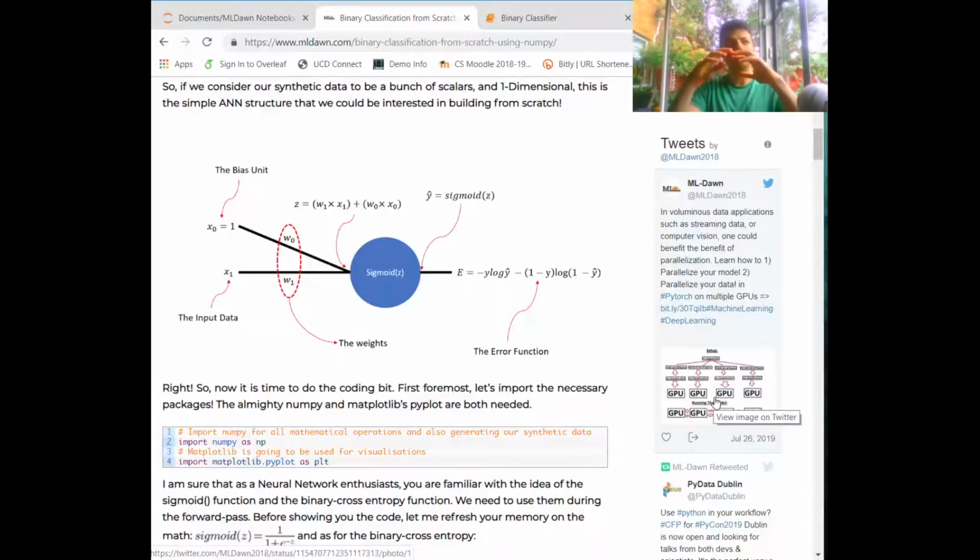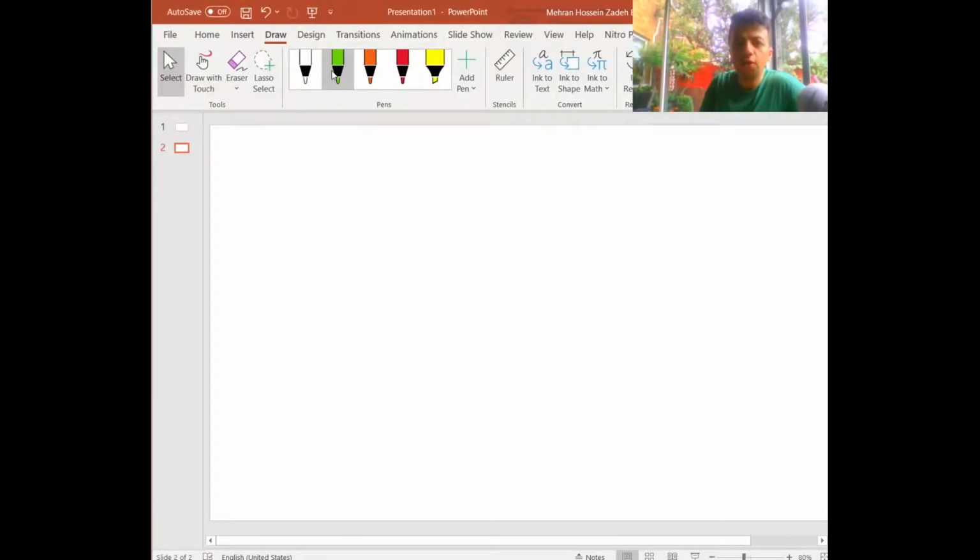So we have this idea of nested functions on top of each other, right? So let me just show you something. When you think about the error and you want to find the learning rule for updating your parameters, in this example the parameters are w1 and w0, the coefficients of the linear combination of your inputs, right?